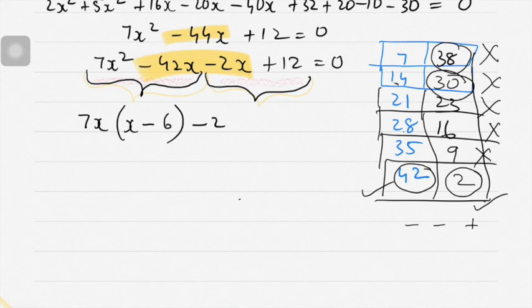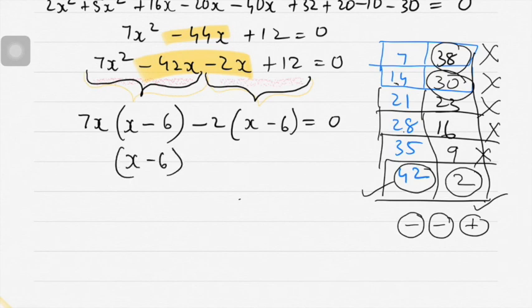Don't forget, minus minus is plus. So what is remaining? From minus 2x plus 12 I have taken minus 2 out, so x minus 6 is left. So x minus 6 or 7x minus 2 is equal to 0.